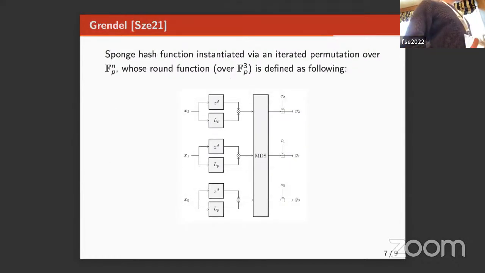A concrete example: here we have Grendel. Grendel is a sponge function, and this is the permutation that instantiates Grendel. We have constant addition, multiplication with an MDS matrix, and an S-box, where the S-box is just x to the power of t times the Legendre symbol of x.